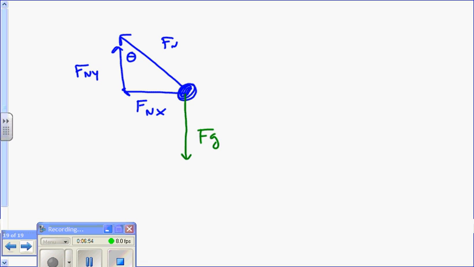These Fnx and Fny aren't actual forces, they're components of my normal, so they're not separate items. People are putting checks, I'm not drawing it quite. I don't want you to get confused and think that I'm making up two extra forces here. So those are just my components of normal. They're not actually forces of themselves.